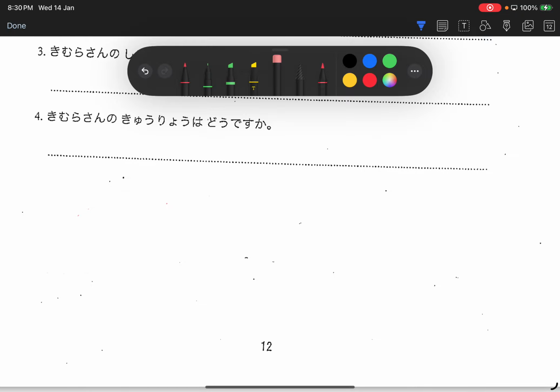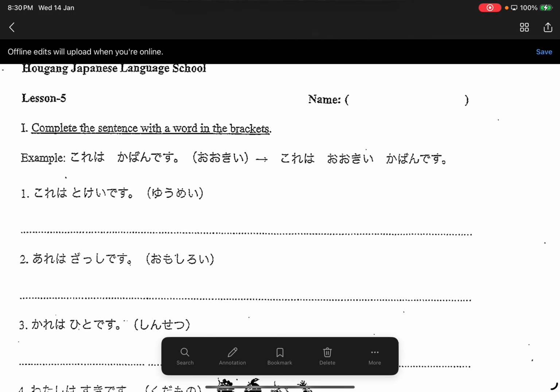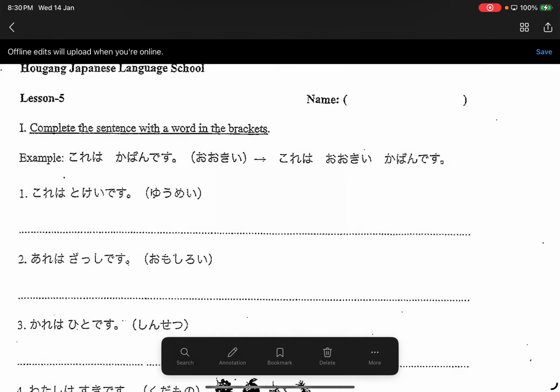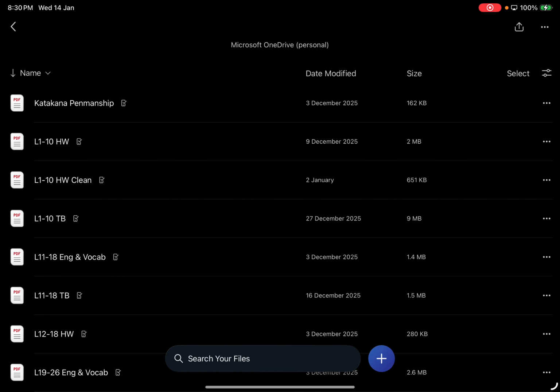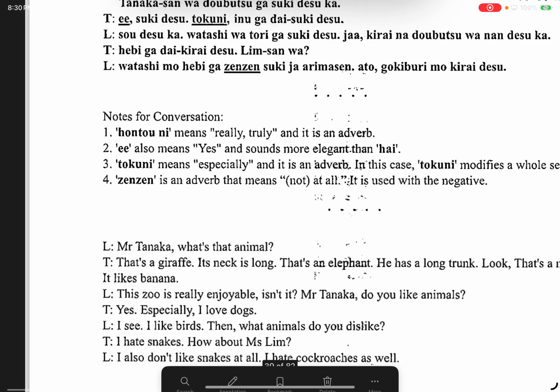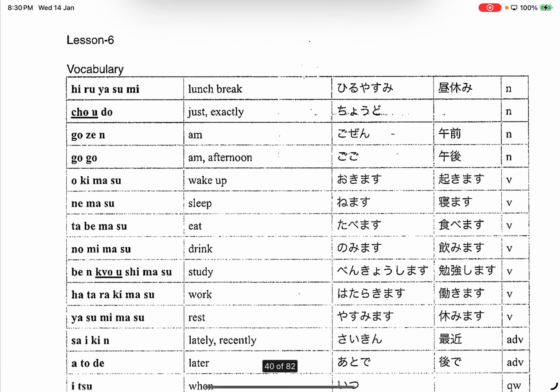To give you an example, in lesson 6, the first one is Hiruyasumi. The kanji equivalent is on the rightmost side. That will be how we write the kanji. You see the last character of the kanji column is mi.